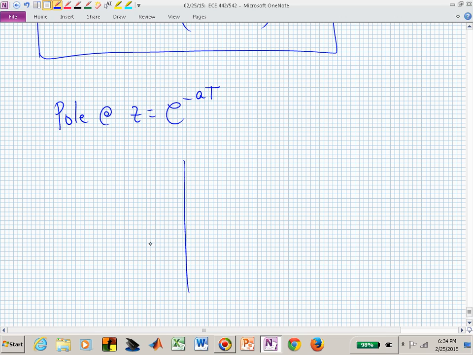So that now we have, in the z-plane, relative to 1, a pole sitting here between 0 and 1. It's a real pole located at e to the minus at. And where that is will depend on the exponential term, little a, and the sampling period, capital T.